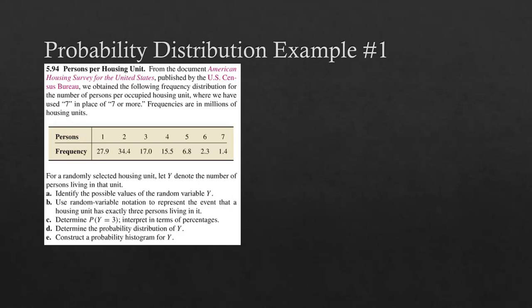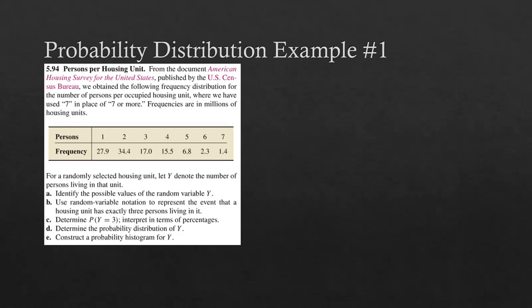We have 34.4 million units that have 2 people living in it, and 115.5 million units that have 4 people living in it. That's what this means.